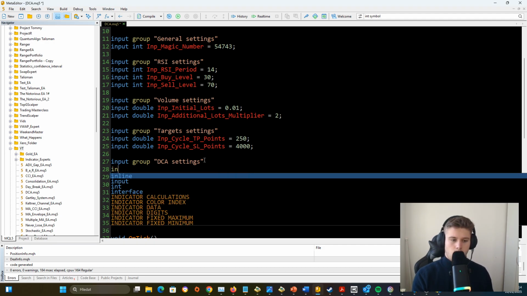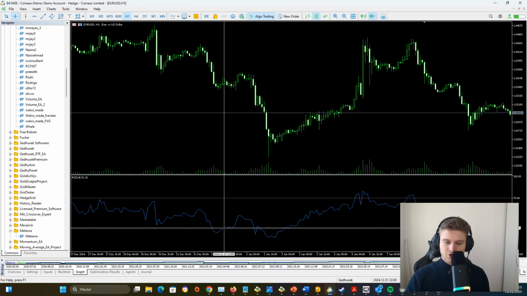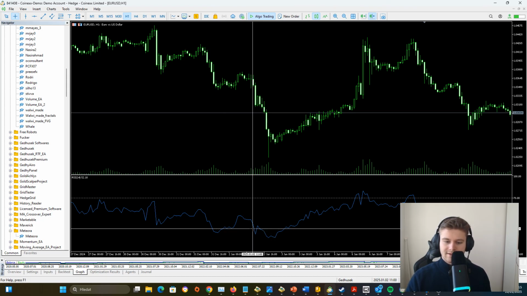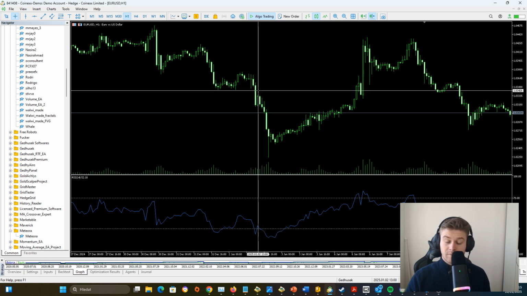I will implement one thing, which is minimum distance, because what we want to avoid is, I will show you on my screen. Let's say once again that we open a buy position here, and then a buy signal happens at the same price level.